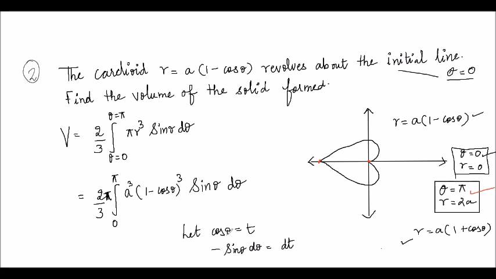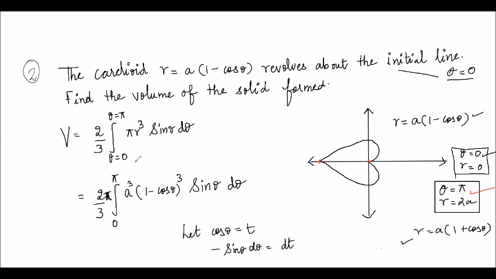Let us find the limits. If theta is 0, cos 0, t will be 1. If theta is pi, cos pi, t will be minus 1. So we get, let us take all constant terms outside, 2 upon 3 pi a cube.